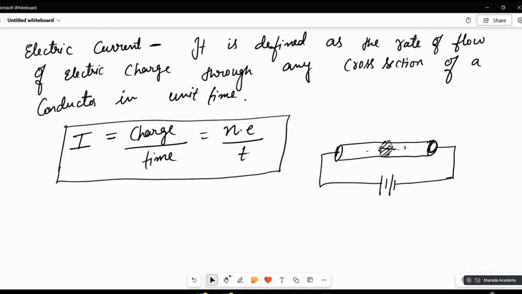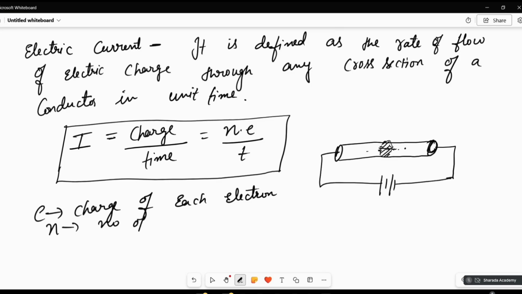N into E is Q. E is the charge of each electron, and N is the number of electrons. So Q is the total charge.